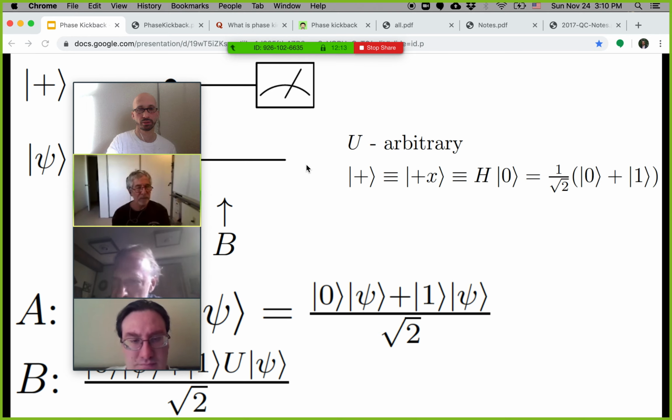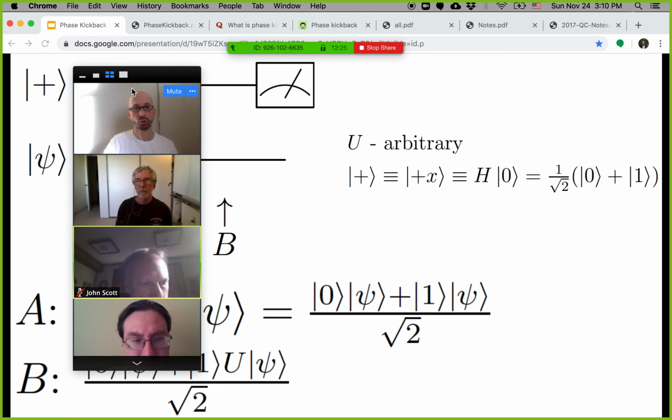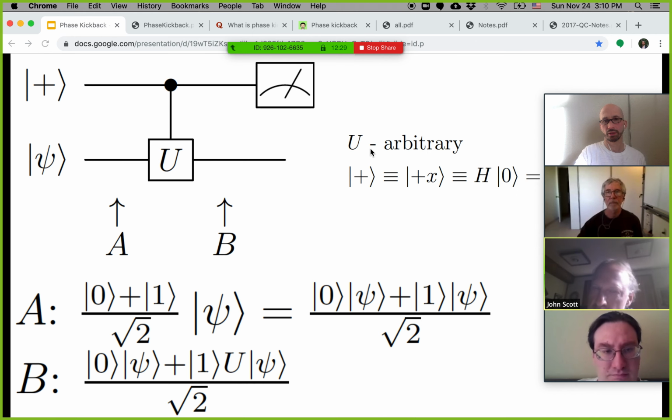And U is just an arbitrary operator or matrix. It could be anything.